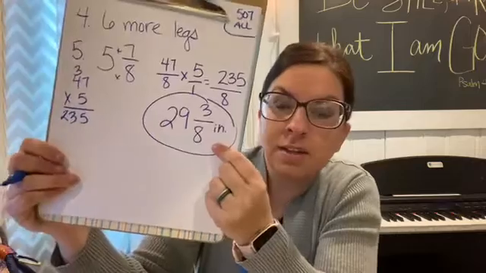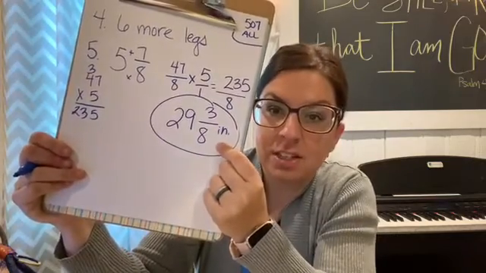So now we have 235 over 8. We need to make that into a mixed number, so you divide it, and it's going to be 29 with 3 left over. So 29 and 3/8 inches.